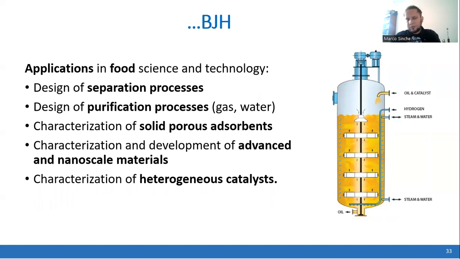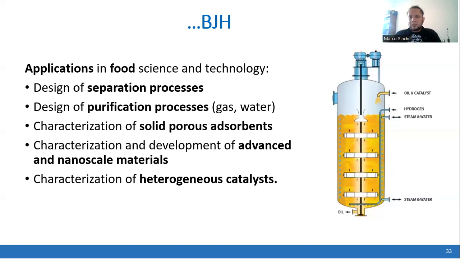For example, in the graph, it's possible to see the reactor for the hydrogenation of vegetable oil in order to produce margarine. In this case, a heterogeneous catalyst is commonly used.